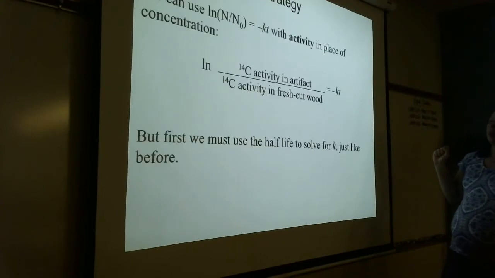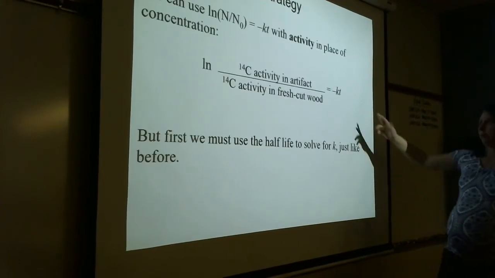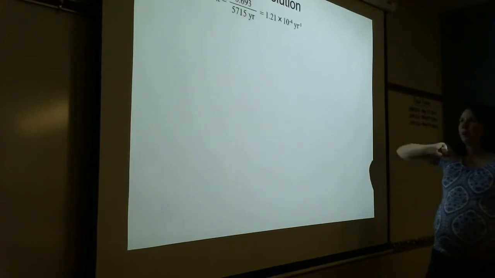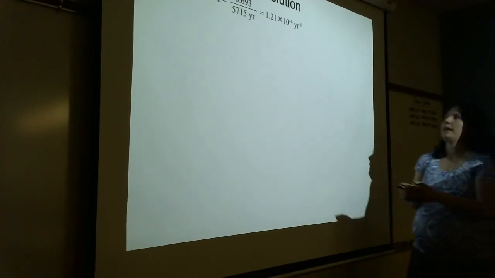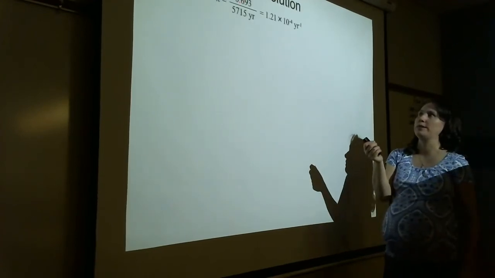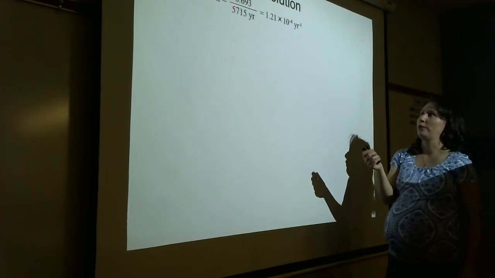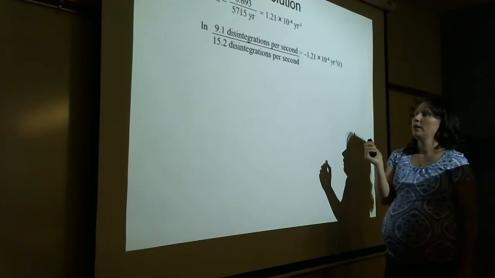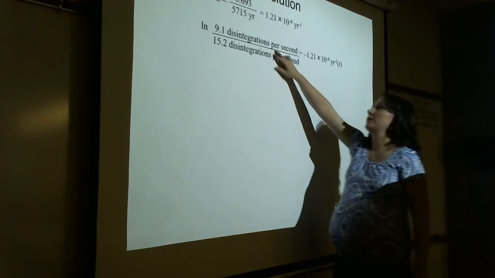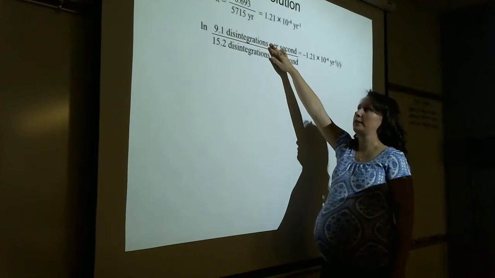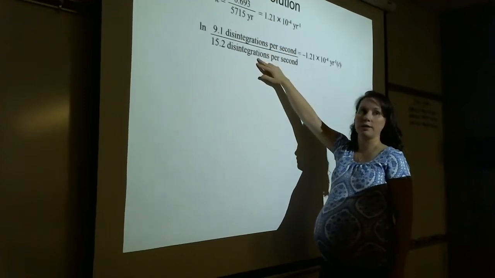And of course, before we can do any of that, we got to get k, right? Because we have to have k. So we get k. Natural log of 2 is approximately 0.693, over the half-life I was given. So the natural log, this is the old artifact, this is the current sample, right?